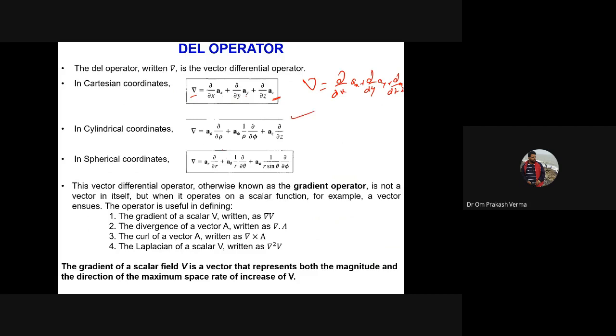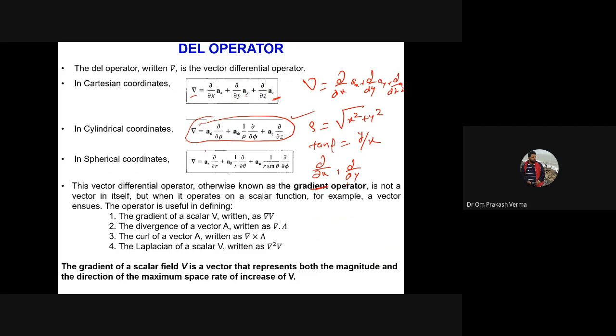In the cylindrical coordinate system, from the equation rho is equal to root of x square plus y square, and tan phi is equal to y upon x, as you already know, based on these equations you can find del/del x and del/del y. Then put the values here and you will get the del operator in the cylindrical coordinate system.